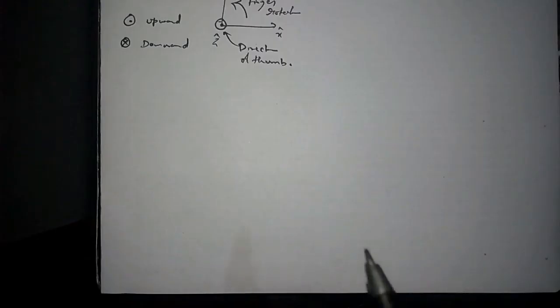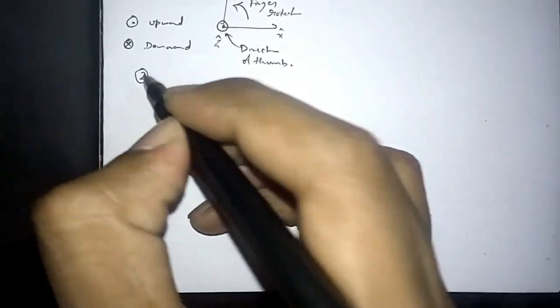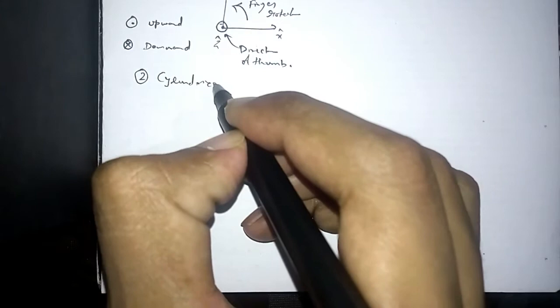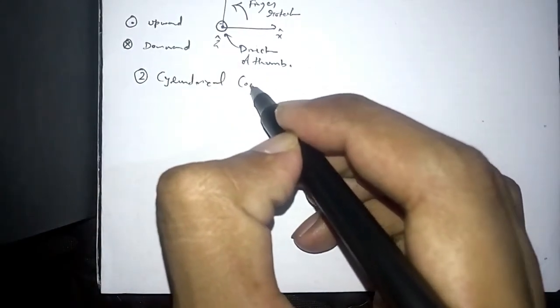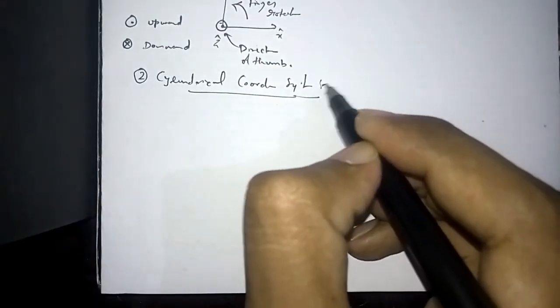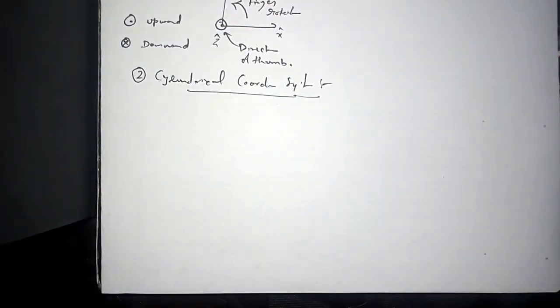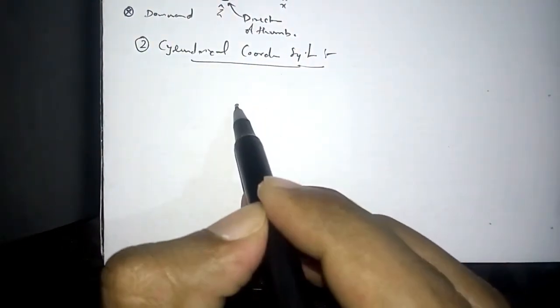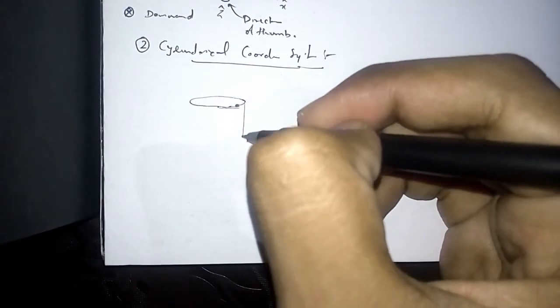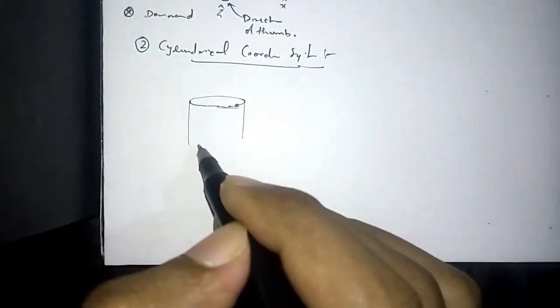The next coordinate system is, guys, cylindrical coordinate system. In this coordinate system, let's say we have a point P here, so we have to draw a cylinder like this.